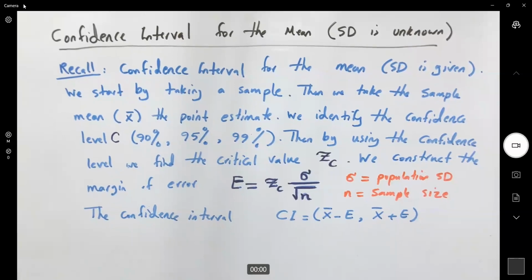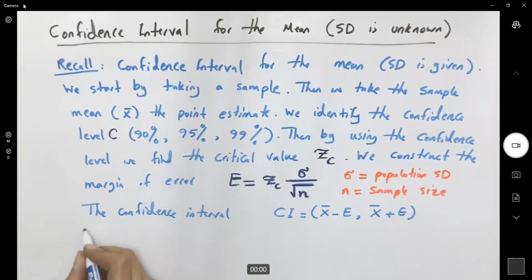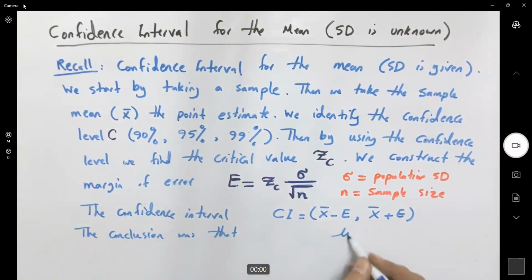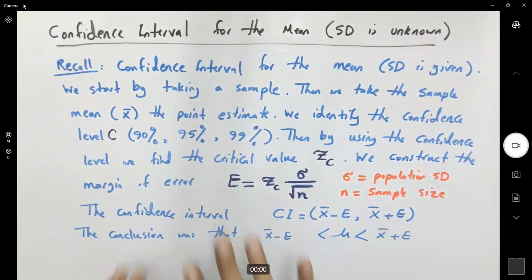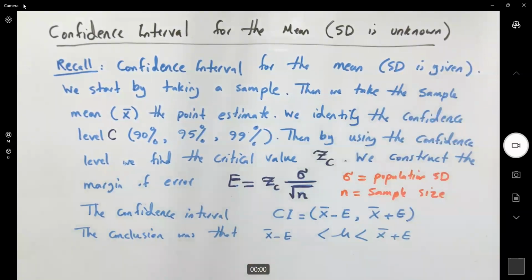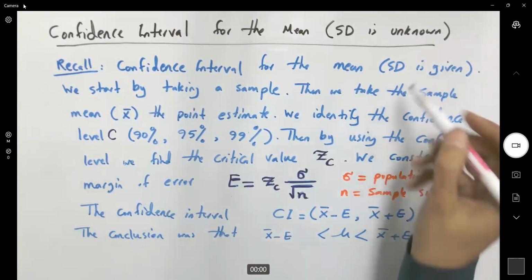So the conclusion was that the mean mu is within X bar minus the margin of error and X bar plus the margin of error. So this is the case that the standard deviation is given to us, the standard deviation of the population.